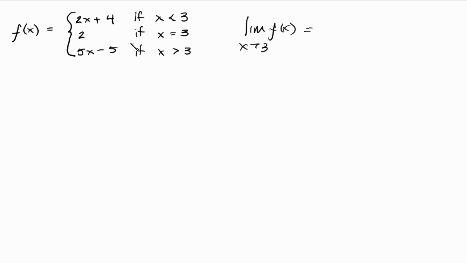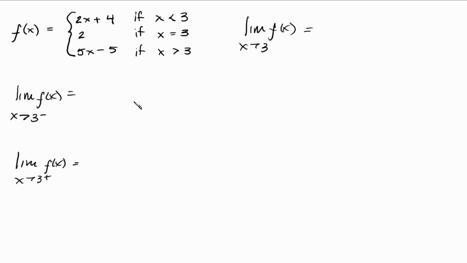Well, let's take a look at this a little bit closely. Without graphing this, first of all, you want to answer this. Limit of f of x as x approaches 3 from the left, and the limit of f of x as x approaches 3 from the right.